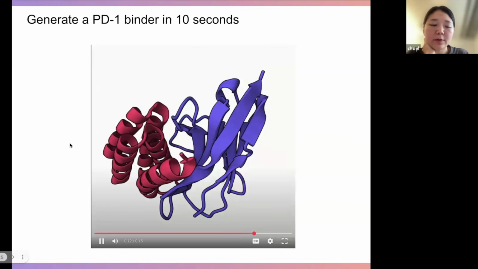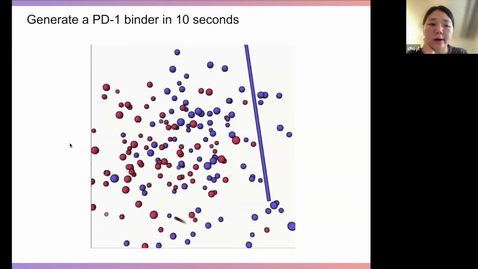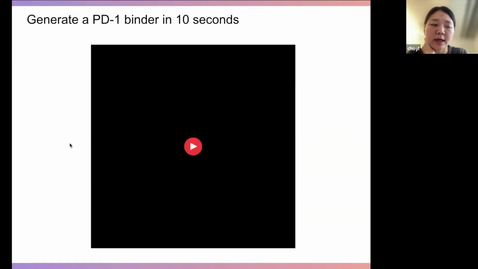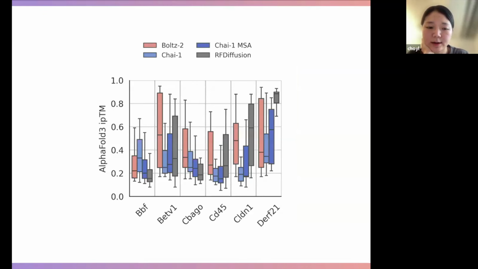And it doesn't require any backpropagation or re-prediction. You can just use one single forward prediction of the structure prediction model, so it could be done in like 10 seconds. It's a very fast, high-throughput method.